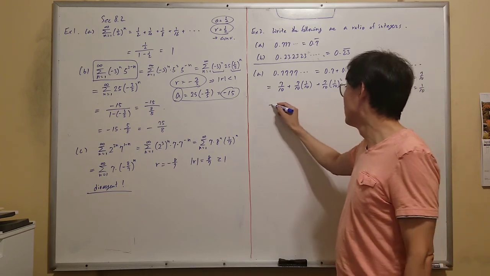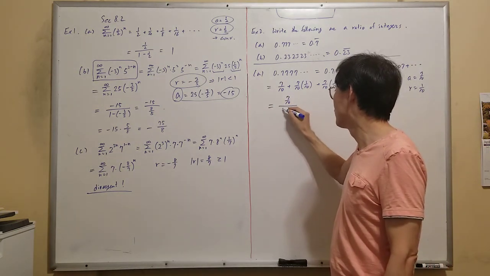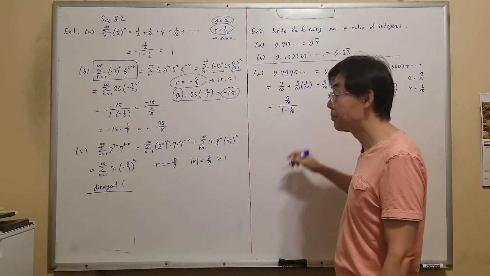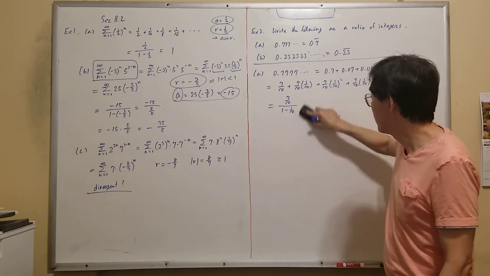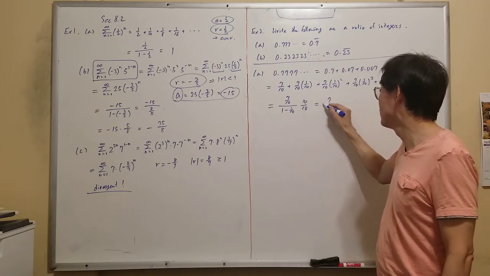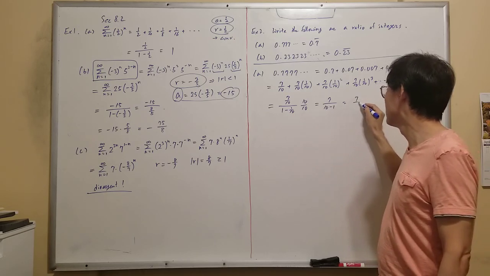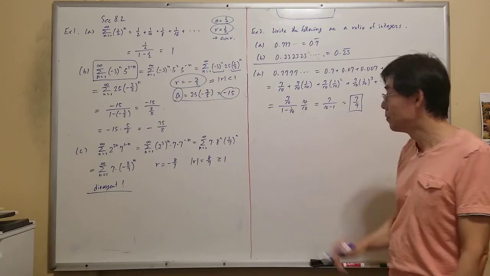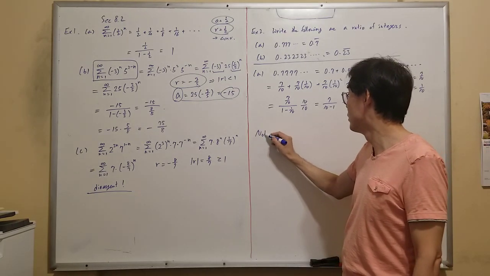So by the formula, a over 1 minus r, 7 over 10 over 1 minus 1 over 10. We multiply top and bottom by 10, 7 over 10 minus 1, 7 over 9. Okay?